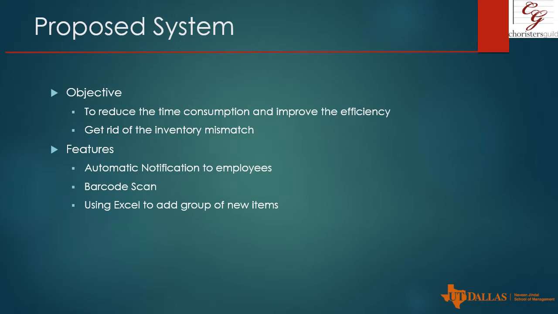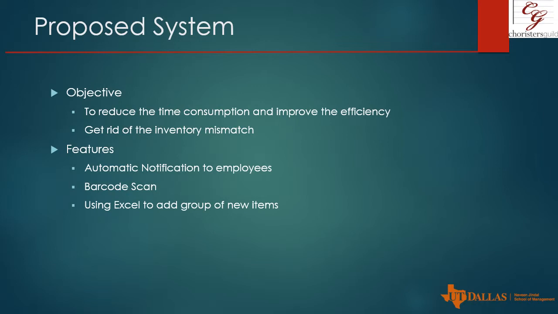The first change we propose is to provide an electronic notification to the clerk when the inventory has no product. There is going to be an email notification to the assistant about the new order which is placed, instead of the order slip which is used in the current system. Another change is the addition of new items to the system through an Excel sheet.